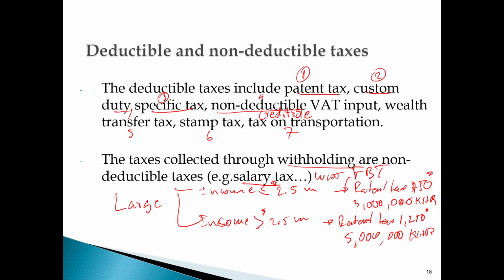Specific tax, we will learn about it. We have another tax called public lighting tax. Maybe in the second week of May, we will learn about specific tax and public lighting tax, and then accommodation tax.